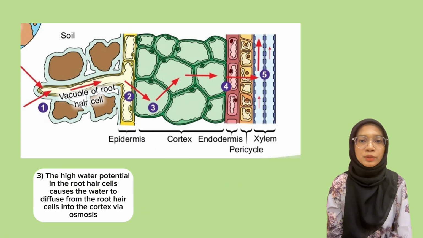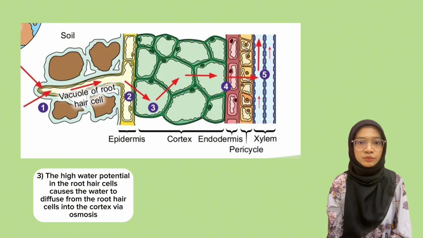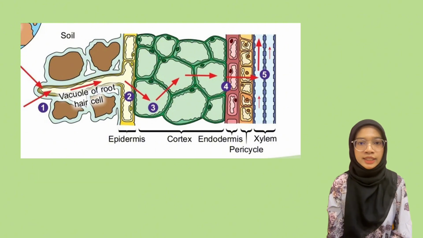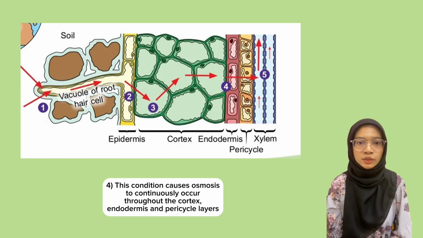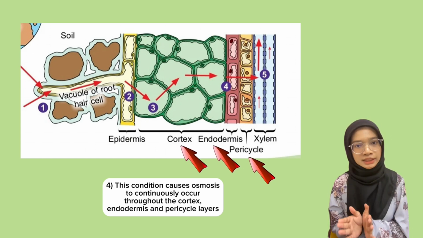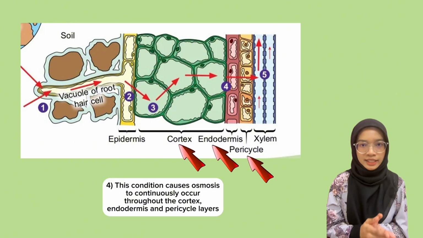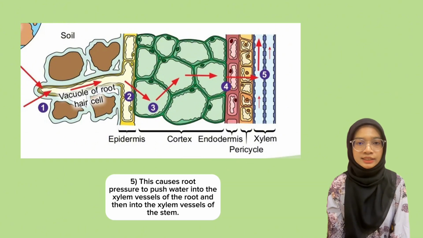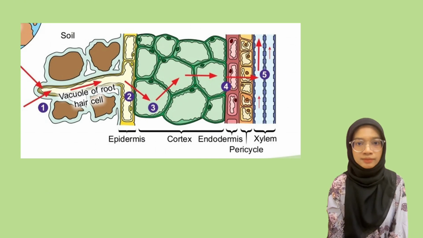The high water potential in root hair cells causes the water to diffuse from the root hair cells into the cortex via osmosis. This causes osmosis to continuously occur throughout the cortex, endodermis, and pericycle layers. And lastly, this causes root pressure to push water into the xylem vessels of the root and then into the xylem vessels of the stem.